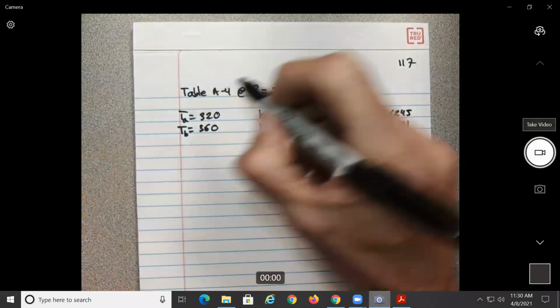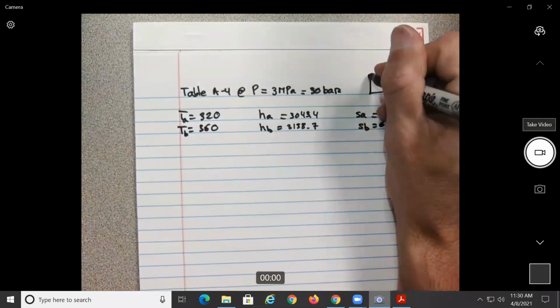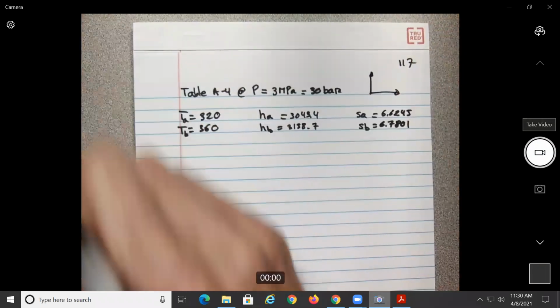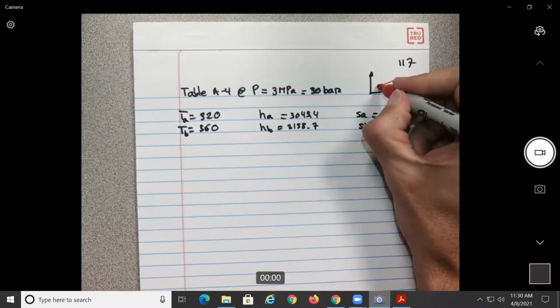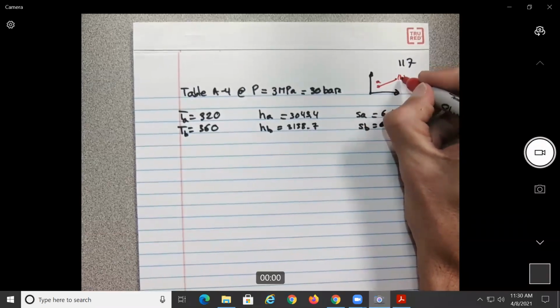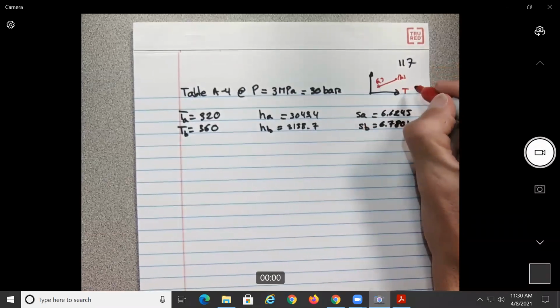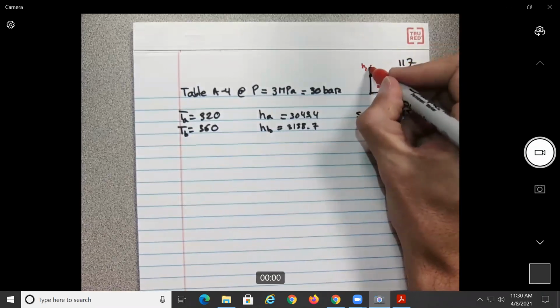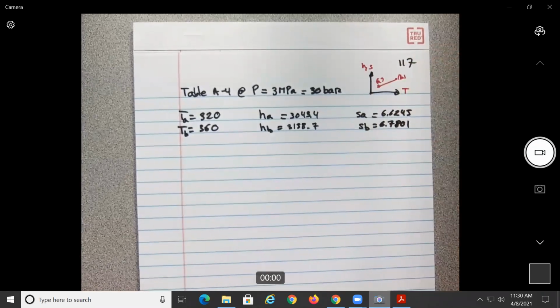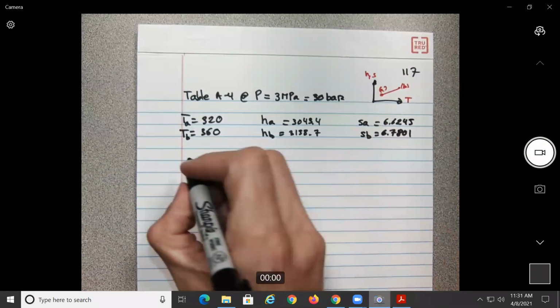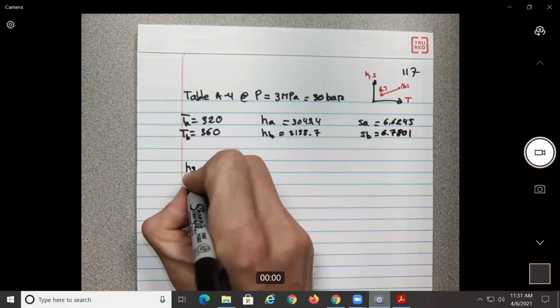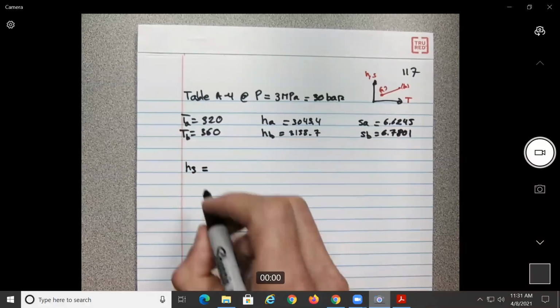So basically, I hope by now you don't need this figure, but the interpolation will be between A and B. This should be the temperature, and we're trying to find H or S. So I write the equation, but you give me the value. So we have H sub 3 should be equal to what?